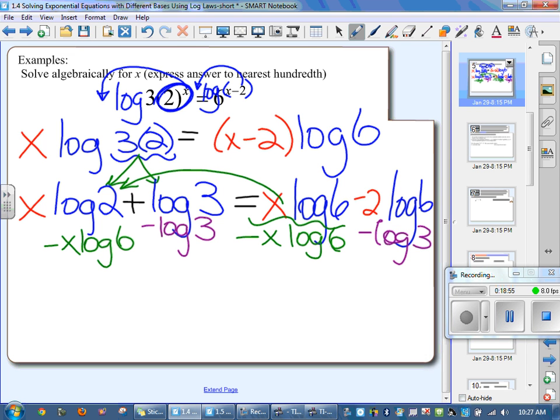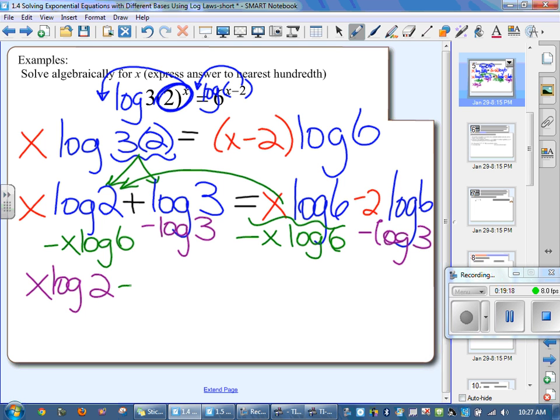So if I take a look at the left-hand side here, my x log 2 originates over here. So it has to be written first. So I'm going to have x log 2 written first. Then my minus x log 6 gets written after it. Now I can write down my negative x log 6 beside it. Okay?